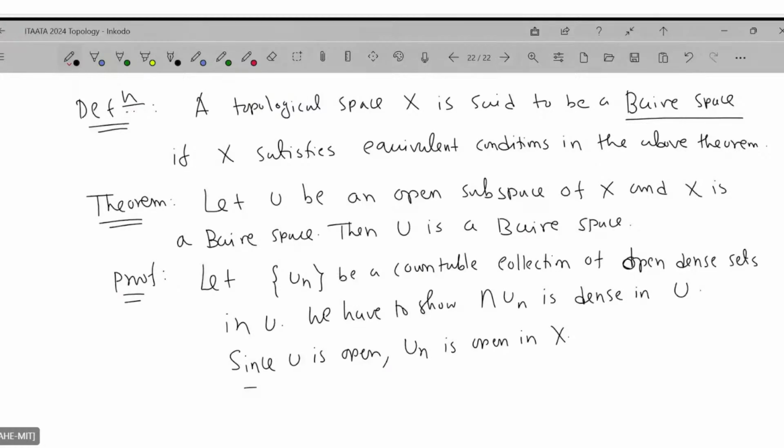Then Un union X minus U closure. X minus U closure is open in X because it's closed, and then we have this.